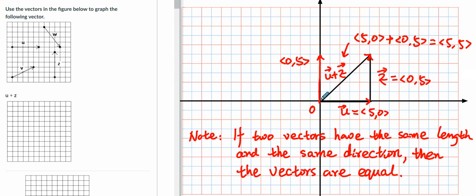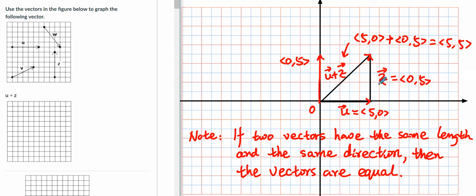So, how to add u and z, this vector and this vector? You do 5, 0 plus 0, 5. You end up with 0 plus 5, which is 5. Again, 0 plus 5 is 5. So this will be the ending point.